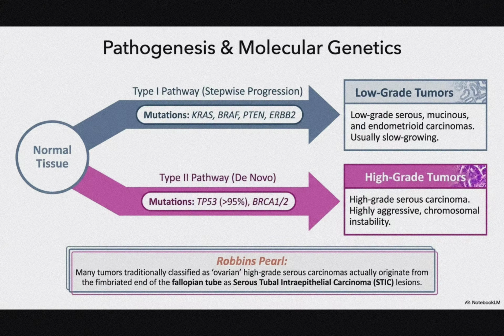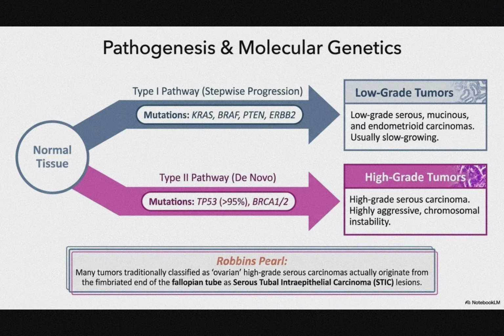The type 1 pathway, stepwise progression, leads to low-grade tumors, that is low-grade serous, mucinous and endometrioid carcinomas. These are usually slow-growing. In the type 2 pathway, we have high-grade tumors, that is high-grade serous carcinoma. These are highly aggressive and have chromosomal instability.